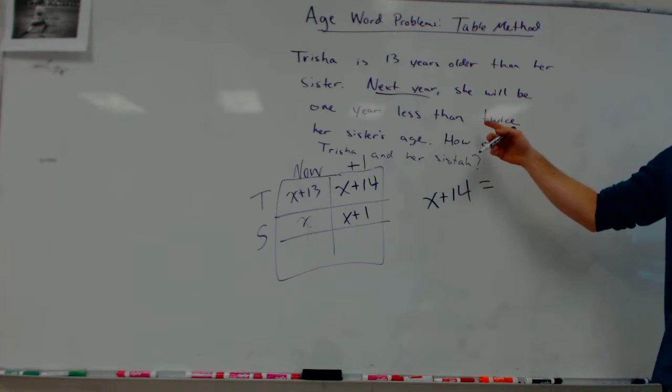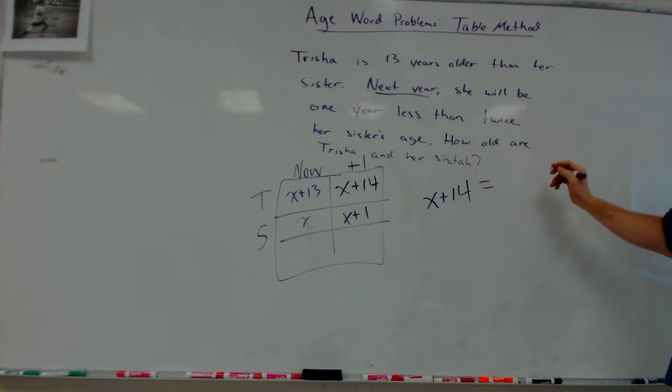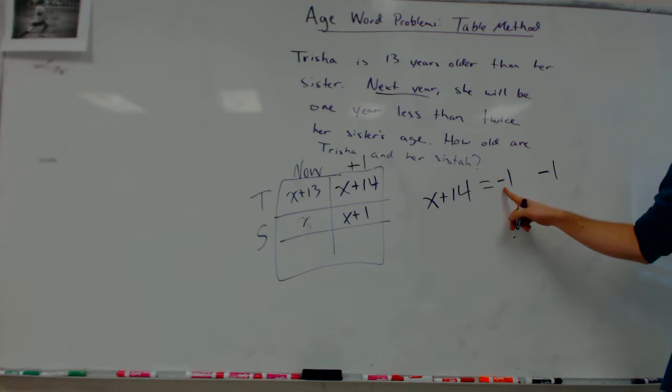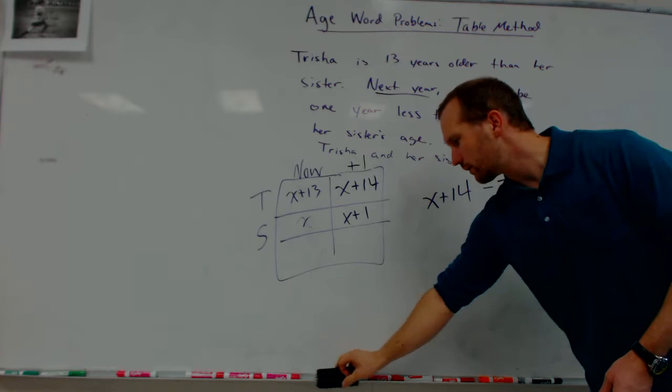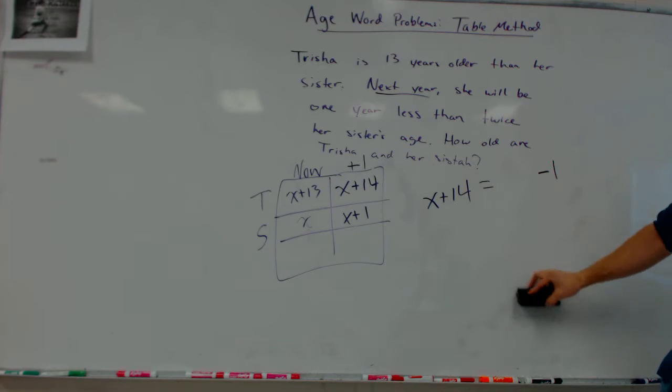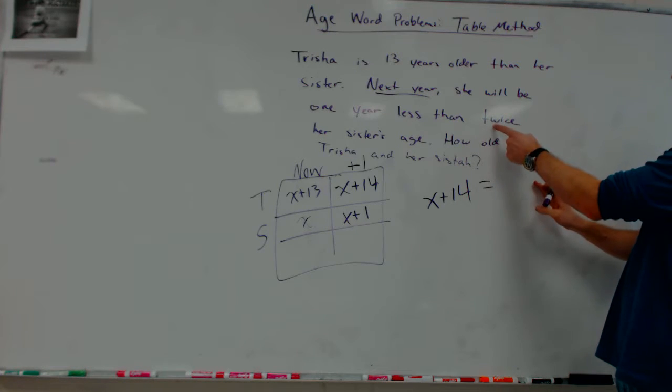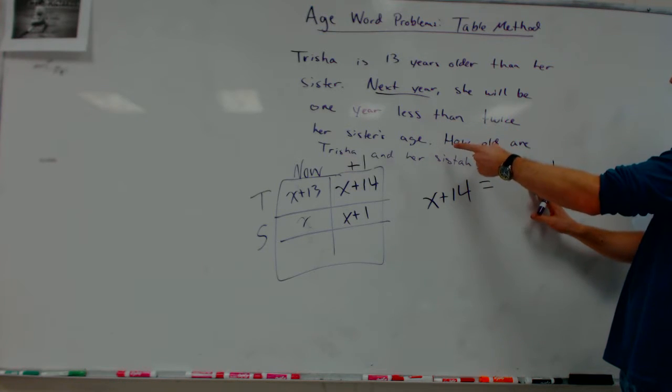When it says less than, you write minus 1, but you have to remember that I can't write minus 1 at the front. I have to write minus 1 at the end. So less than what, though? Less than twice her sister's age.